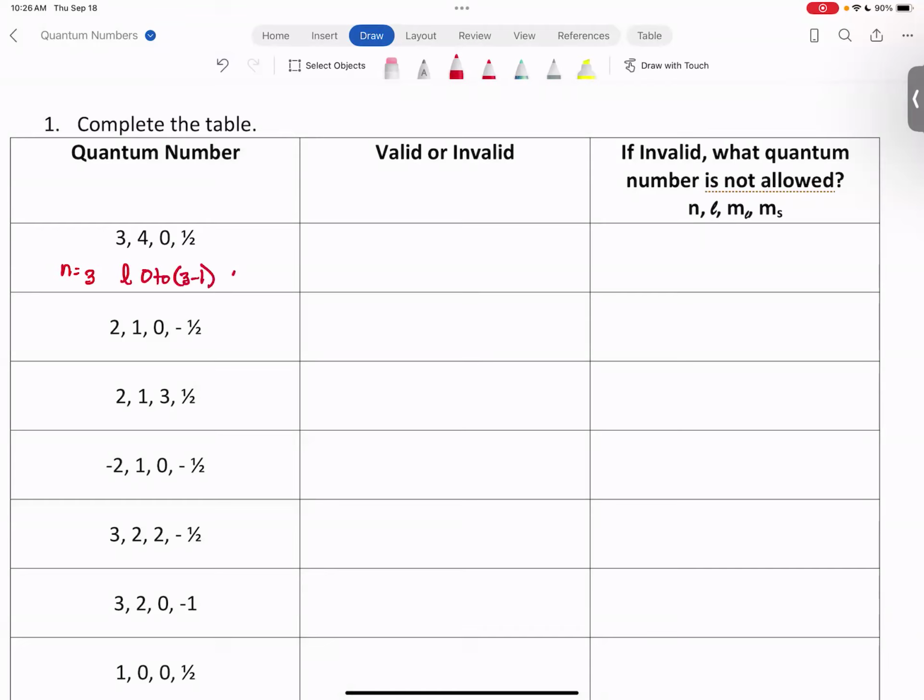So it has to be a 0, a 1, or a 2. Those are its only options. So this one is invalid because of the L value. L cannot be a 4.